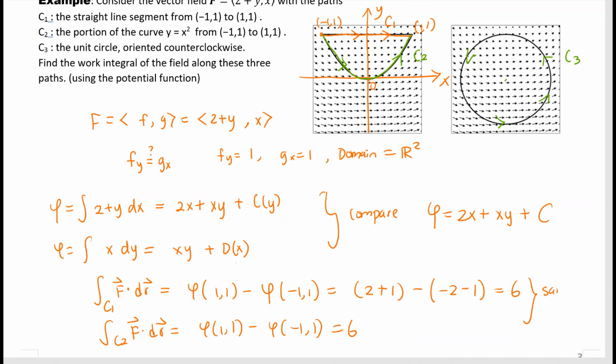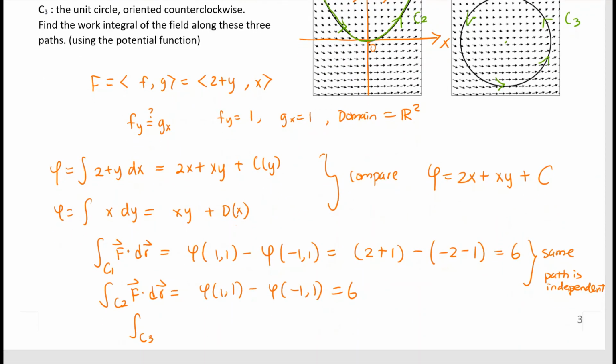Okay, so we don't care what the path looks like. It could be a straight line, it could be a parabola, or it could be something crazy. Sorry, it has to be smooth and oriented. Yes, it could be something crazy, as long as the terminal point and the initial point are the same, then we have the same value.